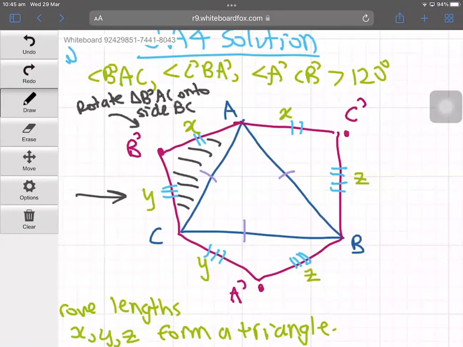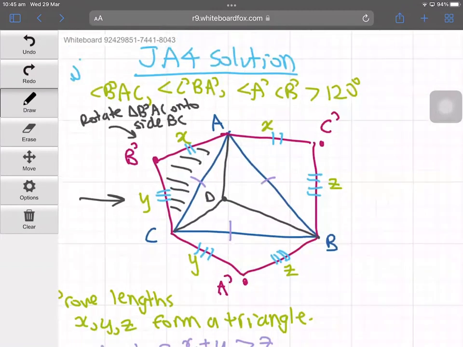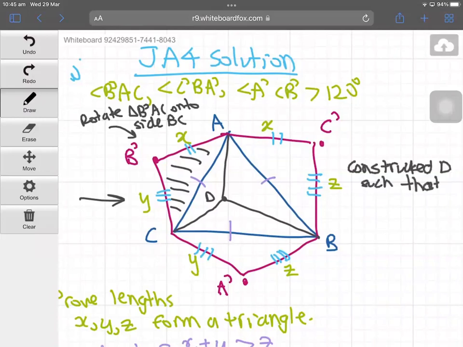So we see that since CA and CB have the same length, we can do this rotation by moving this point B prime here to a point D. So we constructed D such that triangle BDC is congruent to triangle AB prime C.